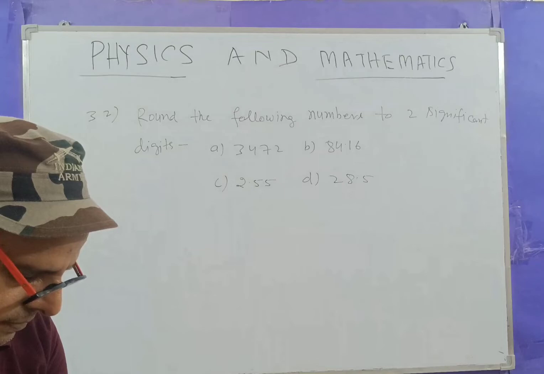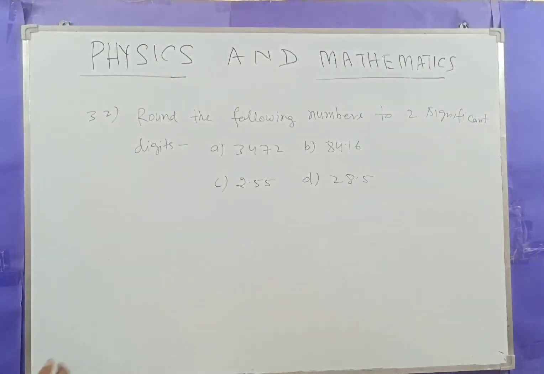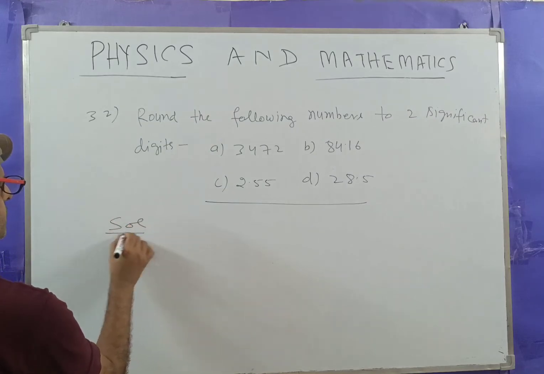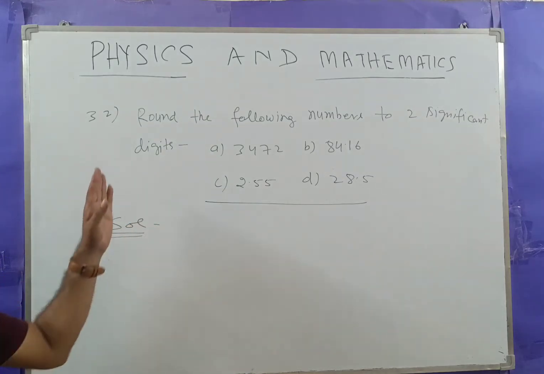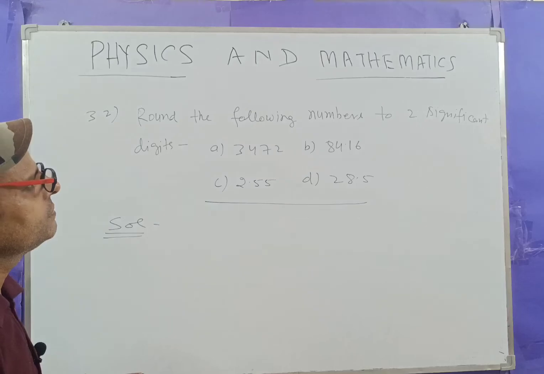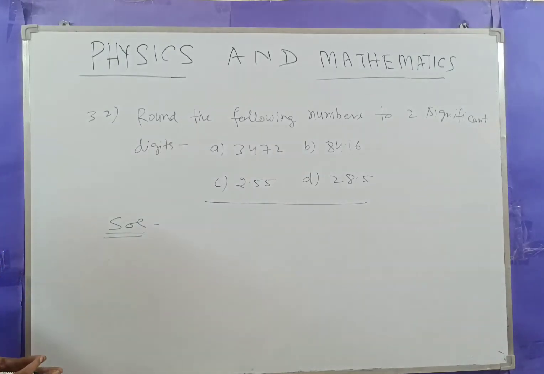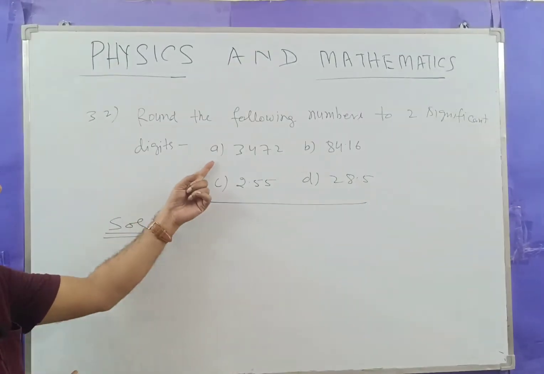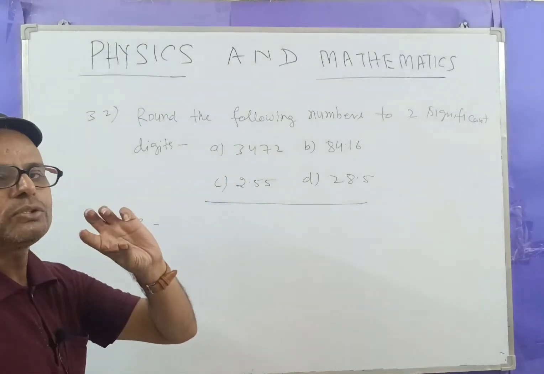Okay. Solution. Round the following numbers to 2 significant digits. Actually, here 3472 to 2 significant digits.